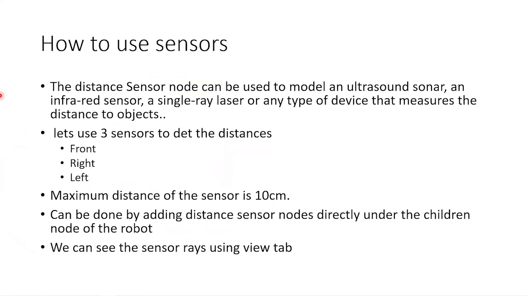I think the organizing committee has shared a document including the Webots file. The file contains the environment, the full robot, and the full code as well. You can download it and run it on your computer. Maybe you can download it later and play around with it to get familiar with the software and the environment. So how to use sensors?